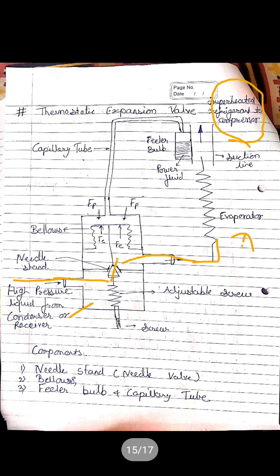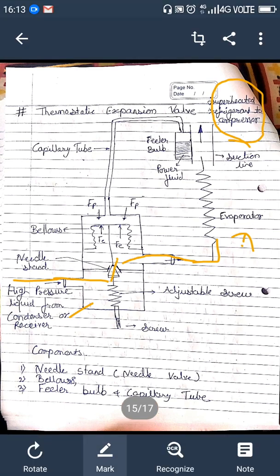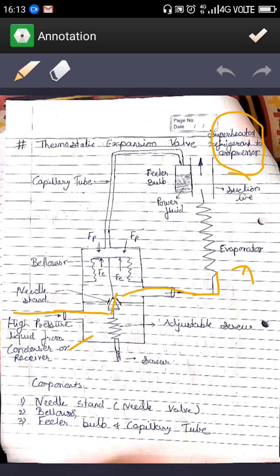Here we come to the diagram again. Here you can see that when more superheated vapors are coming out through the evaporator, the power fluid in the filler bulb senses this temperature. As the temperature increases, the pressure inside the capillary tube along with the filler bulb also increases.